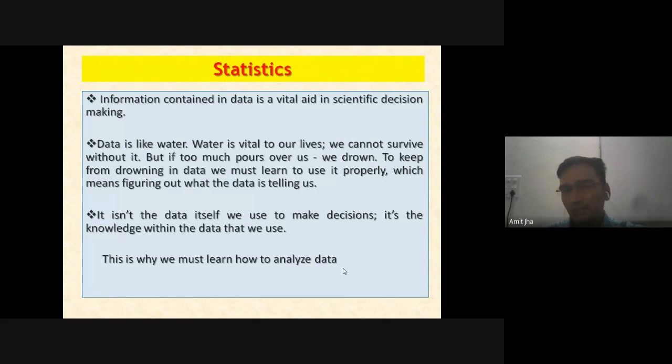It is the data itself we use to make a decision, the knowledge within the data, and that's why we must learn how to analyze data. In brief, statistics is a branch of science which deals with collection, tabulation, classification, analysis, and interpretation of data.